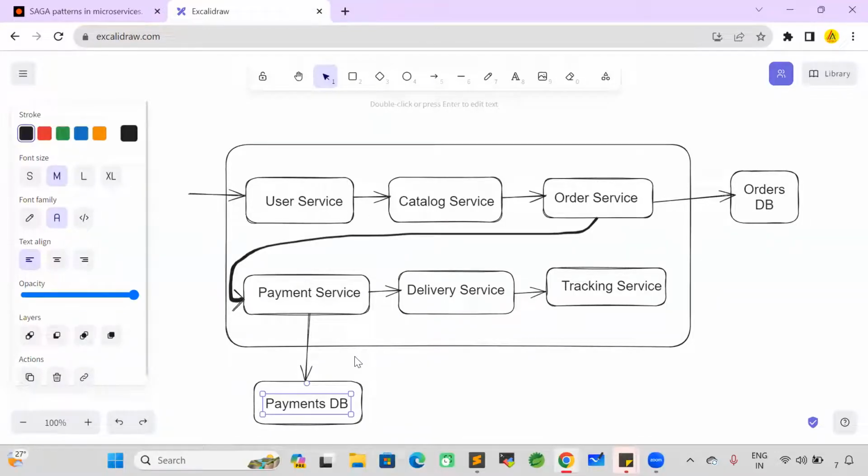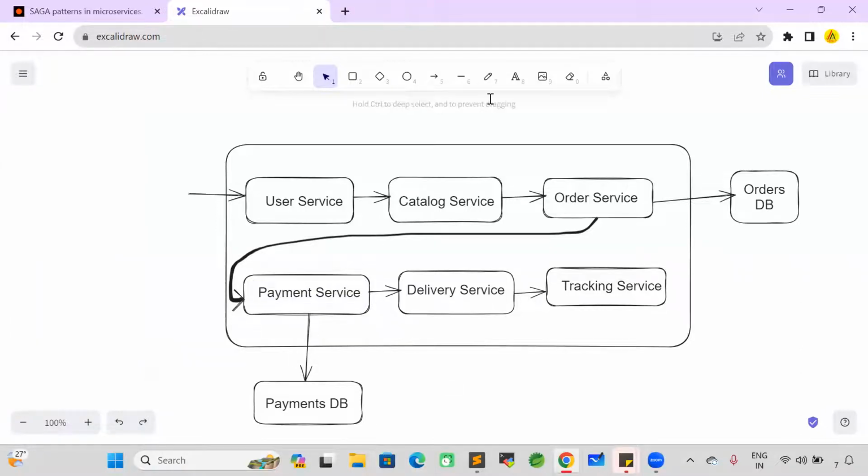If the payment is successful, the order should be confirmed by the order service. If the payment fails, the order should be cancelled by the order service. That means the response of the payment service is required for the order service to confirm or cancel the order.